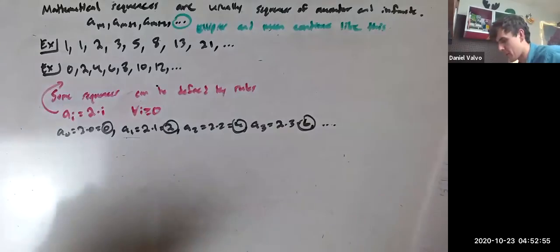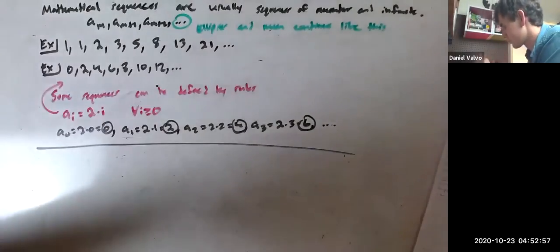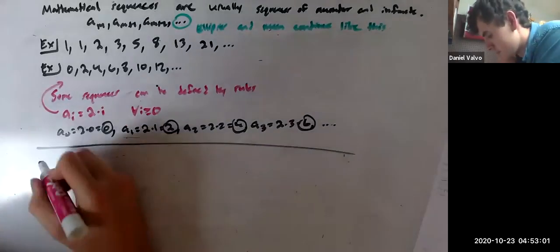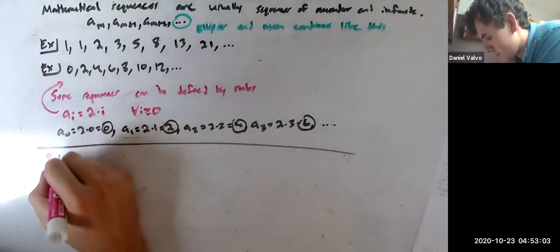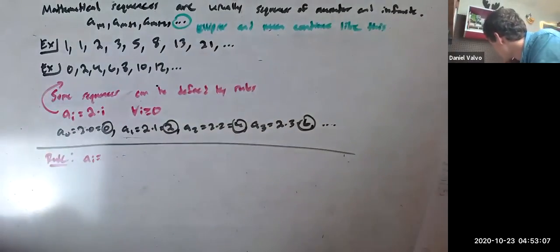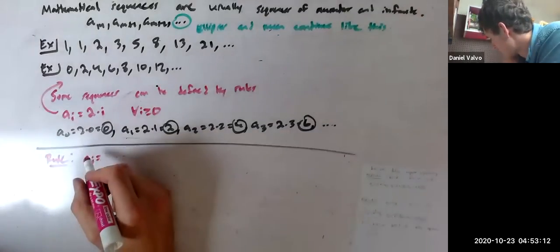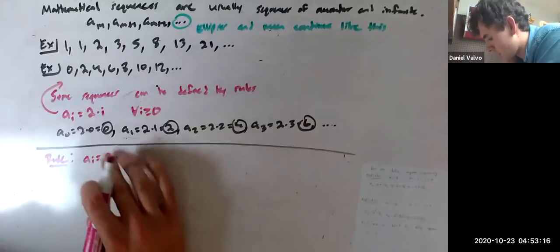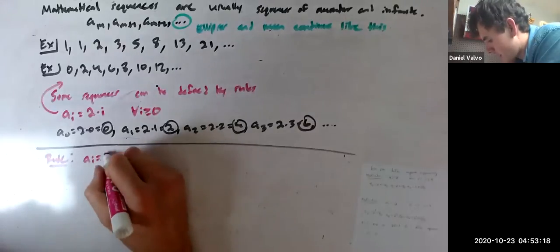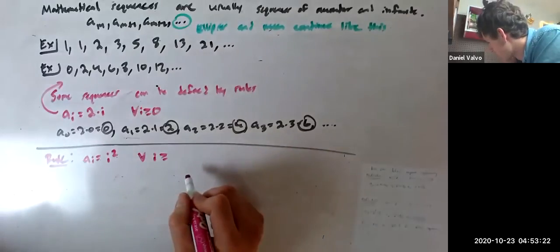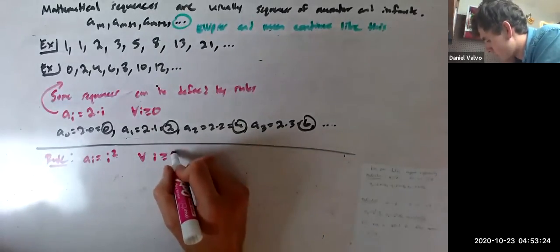So for example, let's say our rule is A_I equals 2 to the I. Actually, better yet, A_I equals I squared for all I greater than or equal to 3.